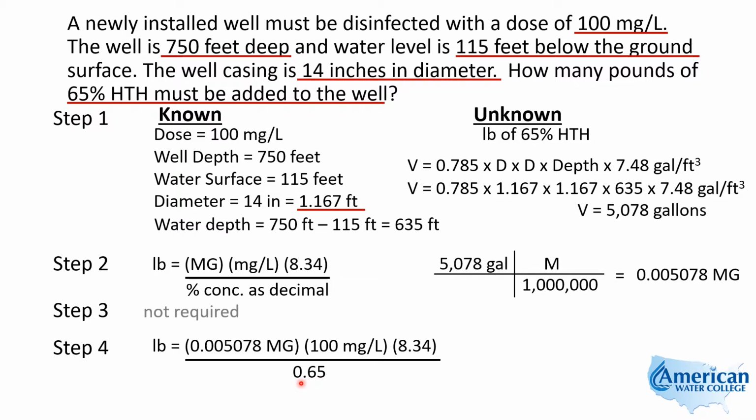So carefully enter these into your calculator: 0.005078 times 100 times 8.34 divided by 0.65, then hit equals. I would do this 2 or 3 times to make sure you get the same answer. And hopefully you come up with 6.5 pounds.